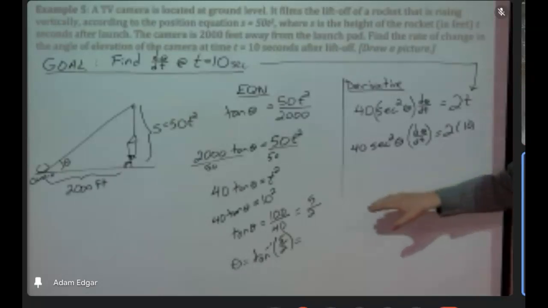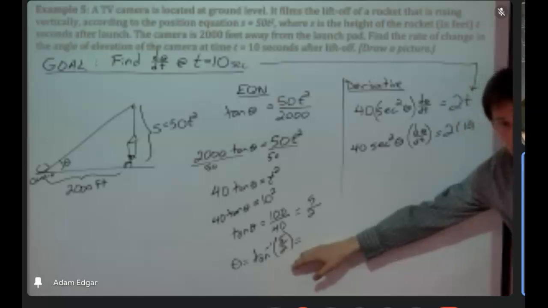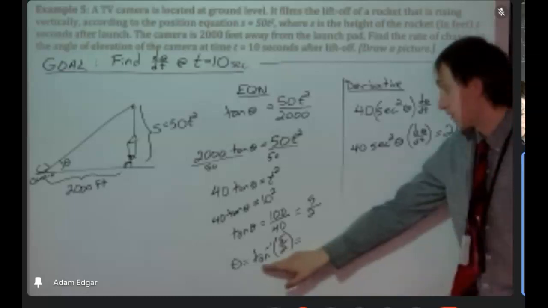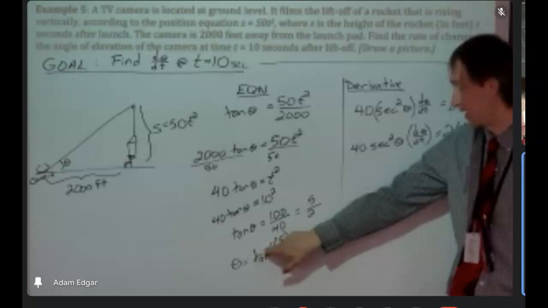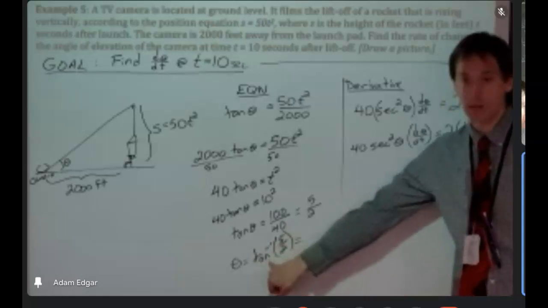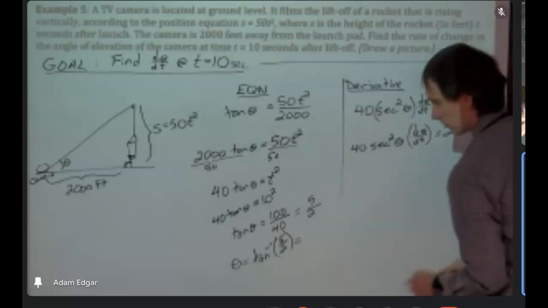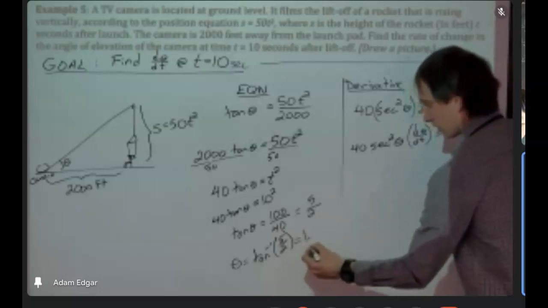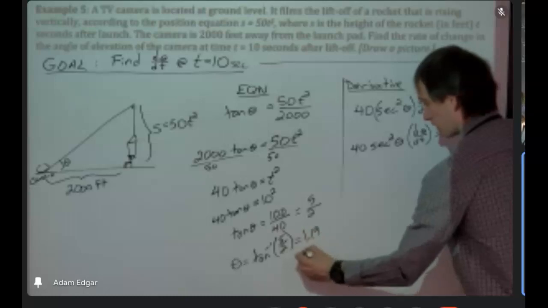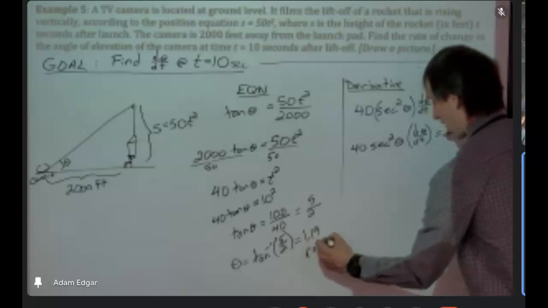So when you do inverse tangent of 5 halves, oh, do you guys know how to make tan inverse happen? The tan negative 1. Does anybody not know how to make that happen? Okay, cool. So what is that? 1.19? So right now, our angle is 1.19 radians.